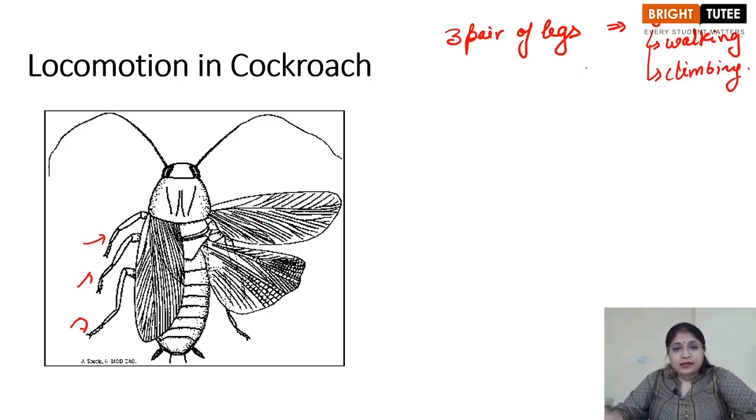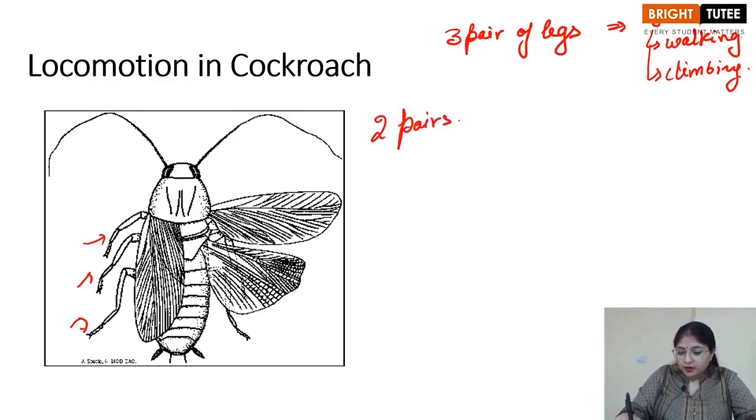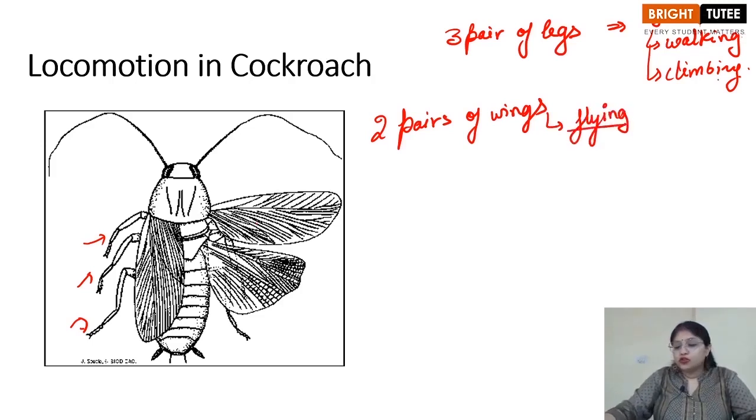Now apart from that, the cockroach also has wings, right? So how many do they have? 2 pairs of wings which help them in flying. So the cockroach shows locomotion in 3 ways, that is walking, climbing any surfaces, and flying.